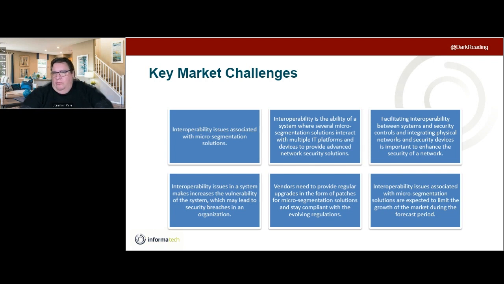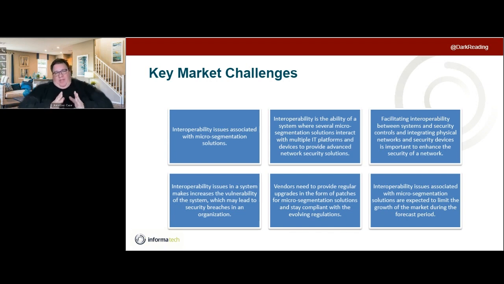One of the important roles, of course, that any professional services firm can provide is to facilitate that interoperability. And by doing so, making sure that integrating of physical networks and security devices actually enhances the security of the network, because you're thinking of the physical network, whether it be legacy or new, and the cloud, all working as one holistic environment.